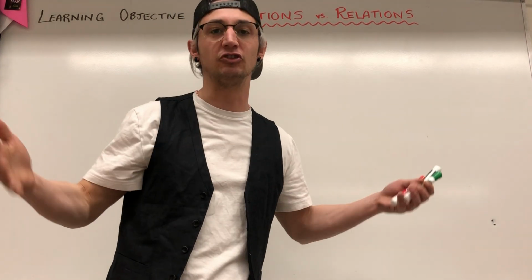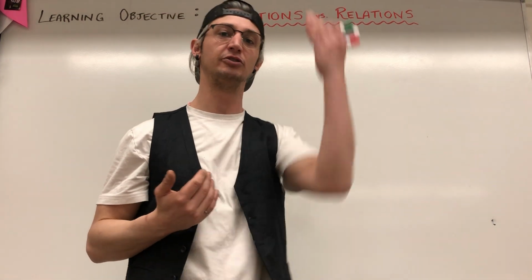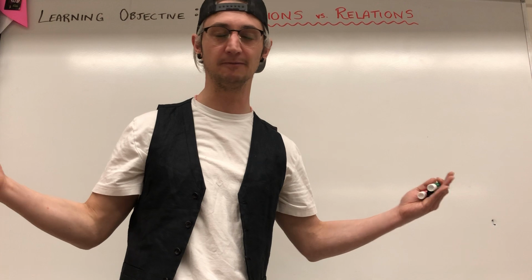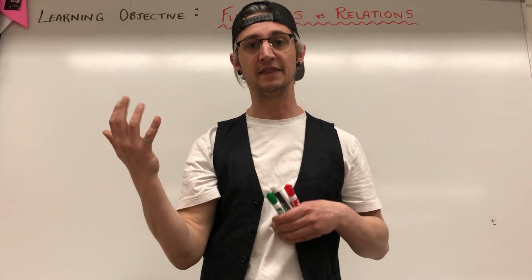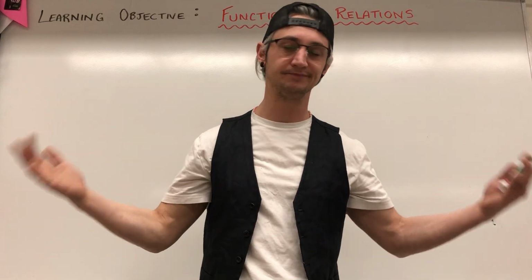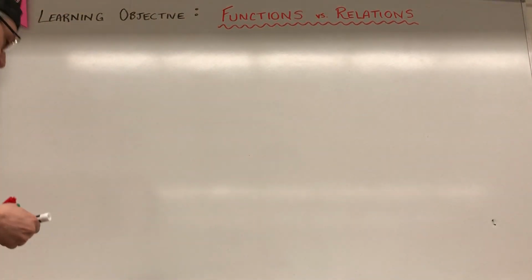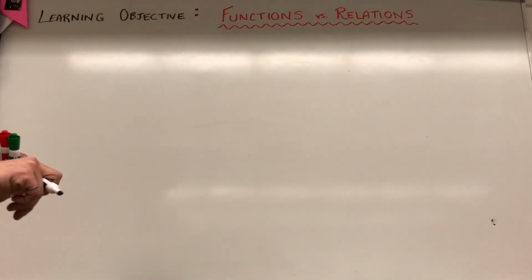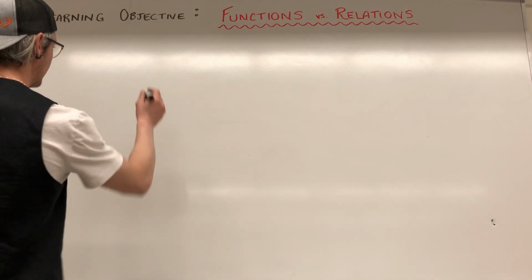If I had a relationship where column 1 is a number and column 2 is that number doubled, that's a relation. The input would be the number, and the output would be doubling that number. It's just how we represent them. There's a few different ways that we can represent a relationship, okay?